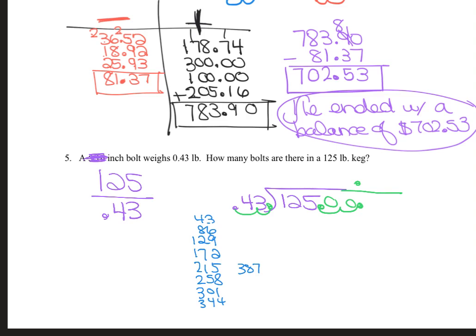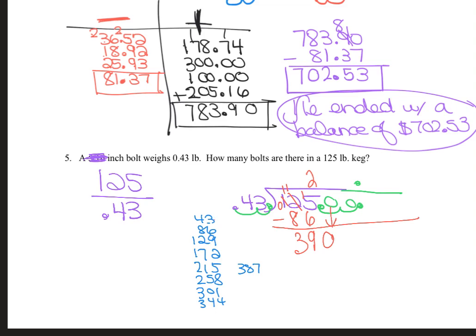Only 2 times. It gets really close, but that 129 holds it off. So we're going to say 2, 86, and we're going to get 39. We're going to bring down one of these zeros, and we get 390.